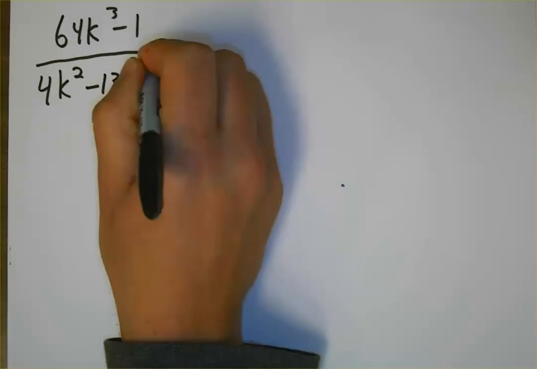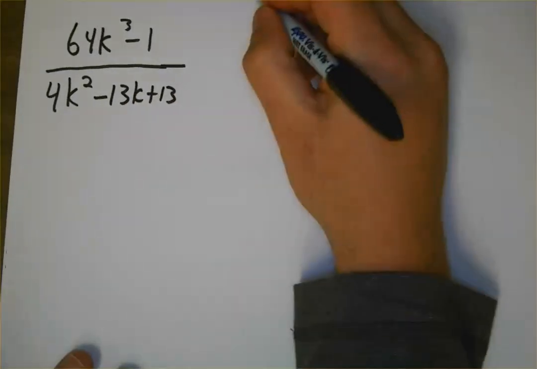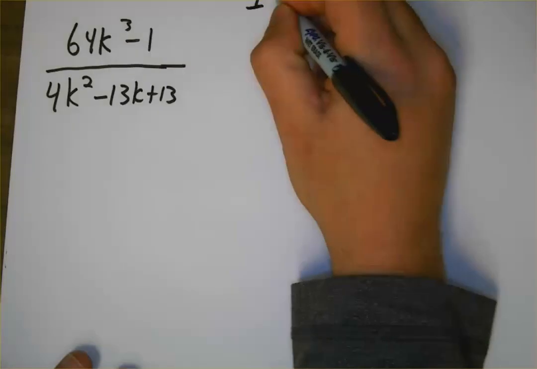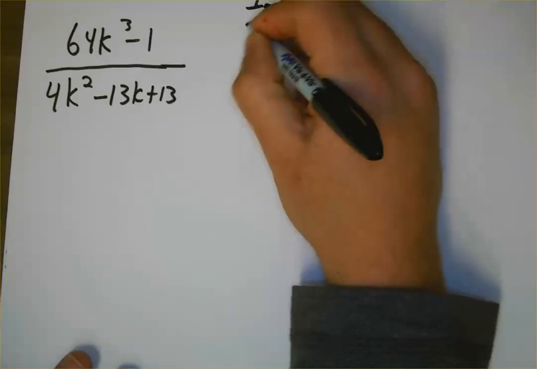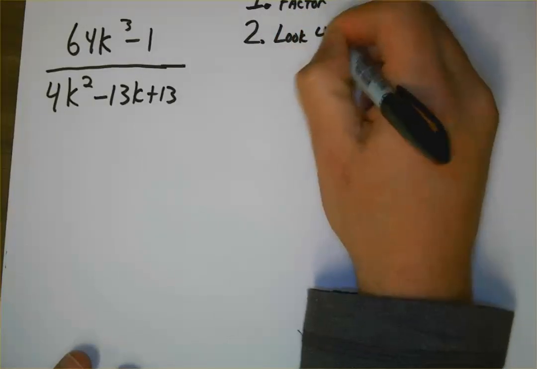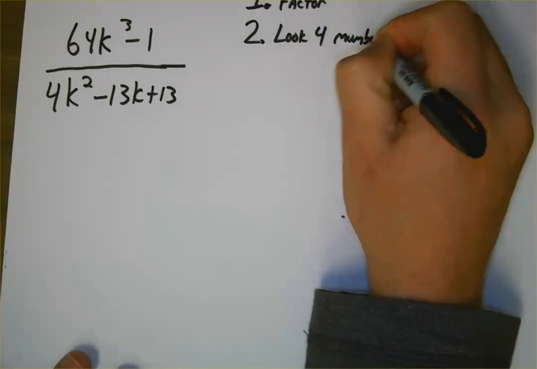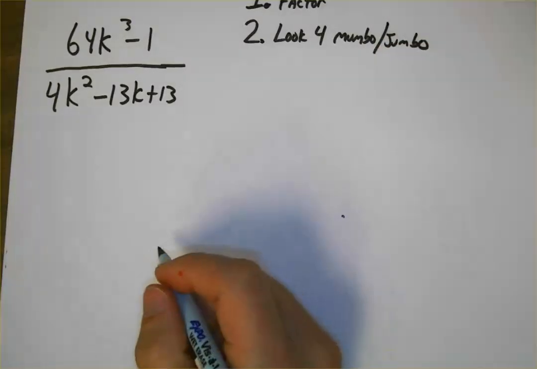Look at this one. Step one, factor. Step two, look for mumbo jumbo. All right, so step one, factor.